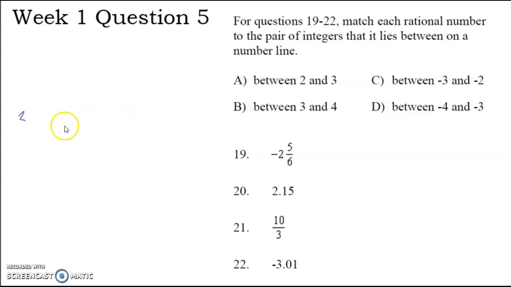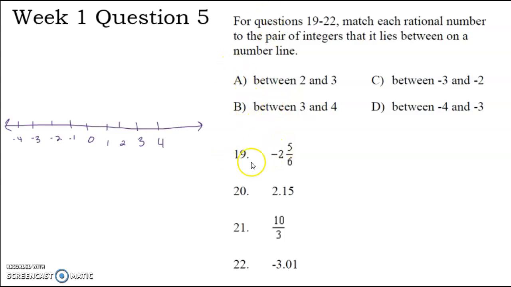It looks like it goes from -4 to +4. So we're going to create a number line: -4, -3, -2, -1, 0, 1, 2, 3, and 4. All right, so here's my number line.